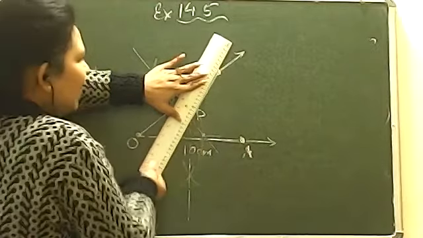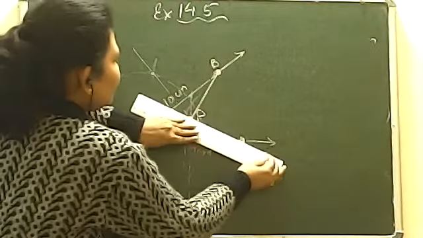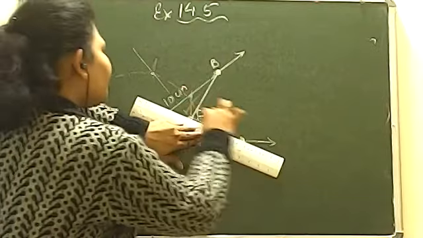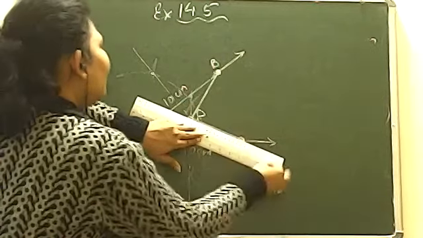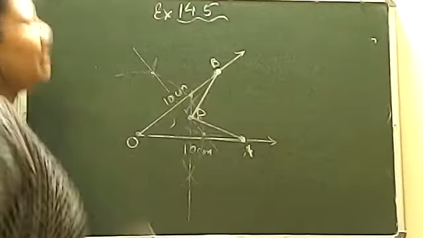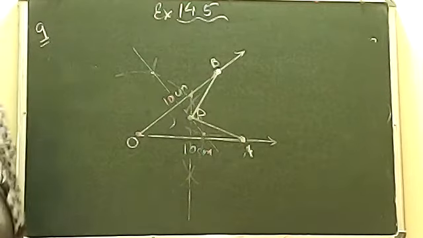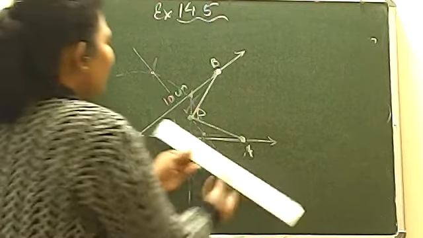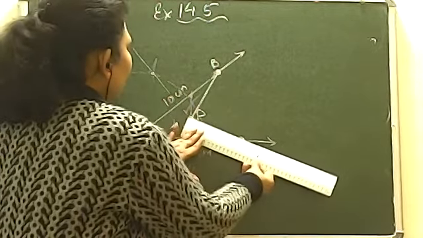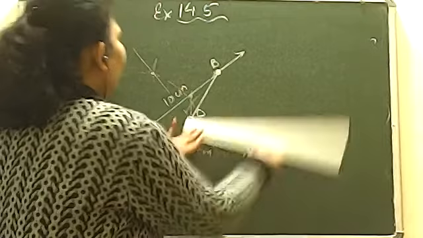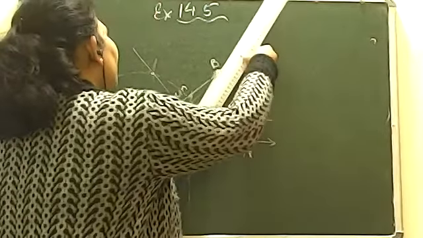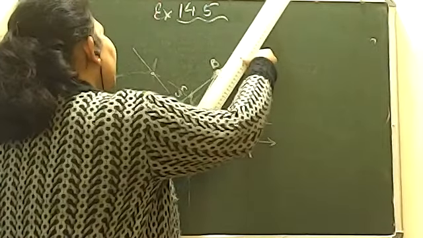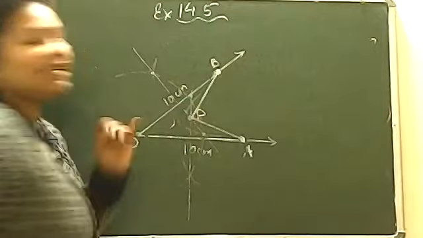This is PA and this is PB. And please measure both the line segments, and find whether they are equal or not. Let me see whether they are equal or not. In mine, 5.5, and here also I am getting 5.5 exactly.